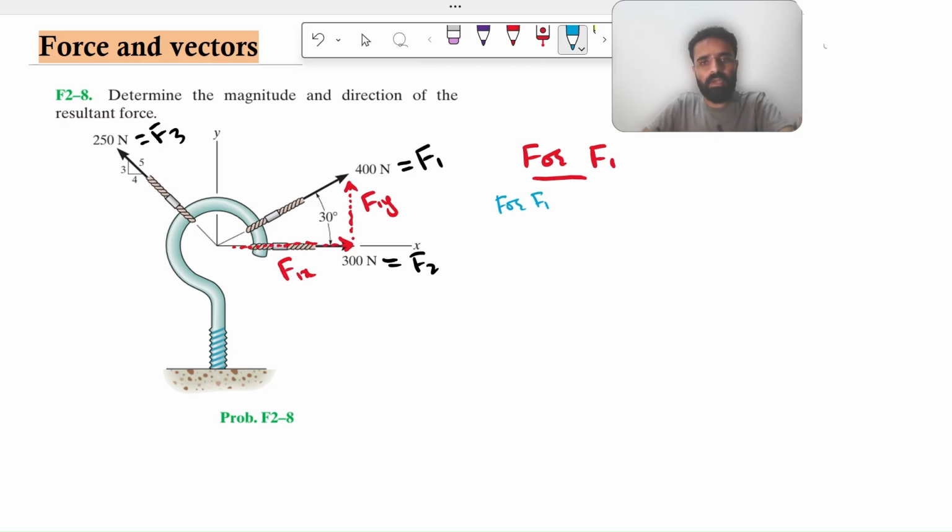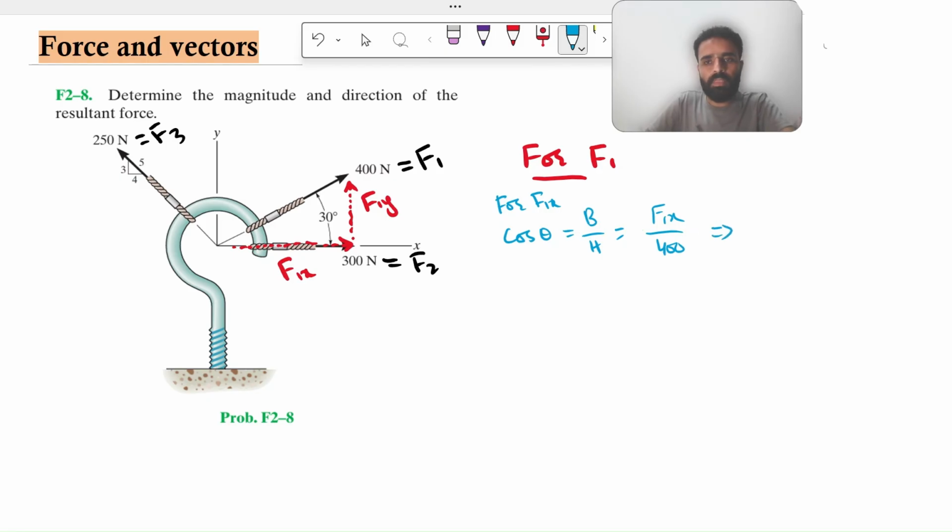For F1x, I will be applying the cos theta formula. Cos theta is equal to base over hypotenuse. In this triangle, this is the base, this is the perpendicular, and this is the hypotenuse. The base is F1x and the hypotenuse is F1, which is 400.